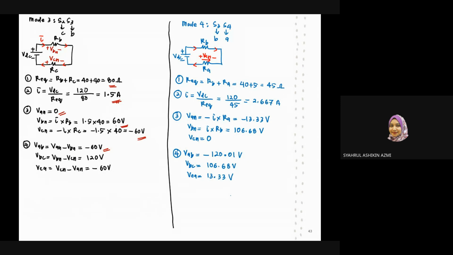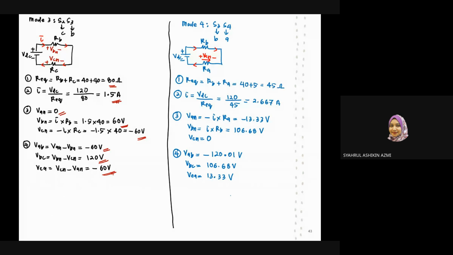VBN is 60 volt minus VCN negative 60 volt. So 60 minus negative 60, negative becomes plus, you get 120 volt. VCA is VCN minus VAN. VCN is negative 60 minus 0, you get negative 60 volt.